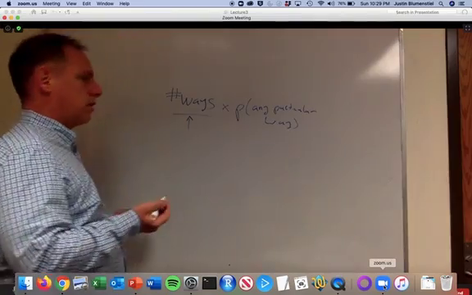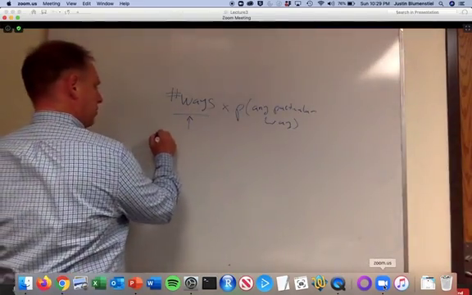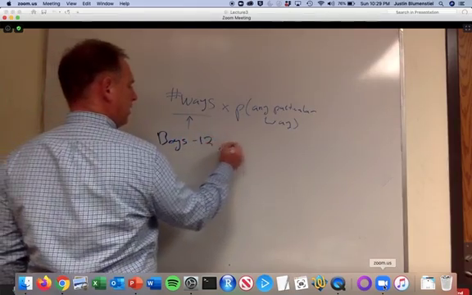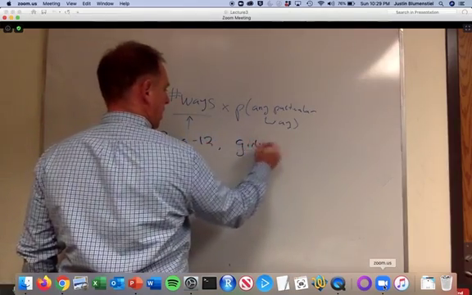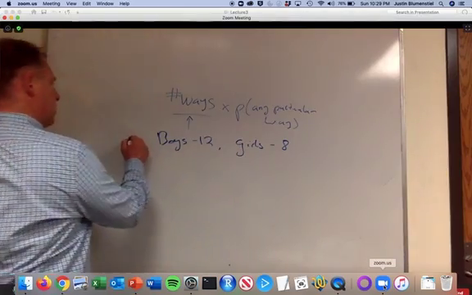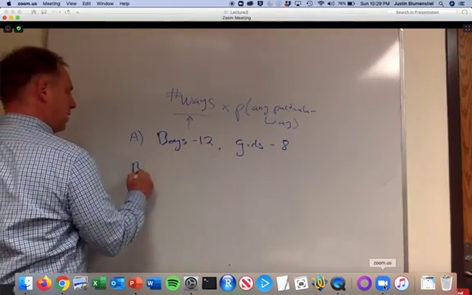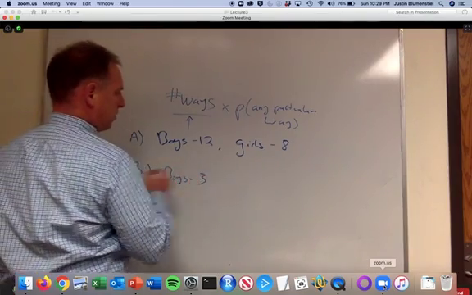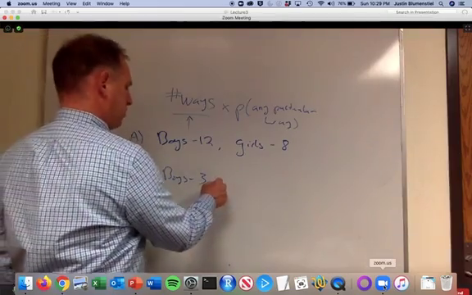So in this particular case, I'm going to write this down: we have boys 12 and then girls 8. That was scenario 1, or A. And scenario 2, where you actually just have 3 boys in a row, right? Boys 3.